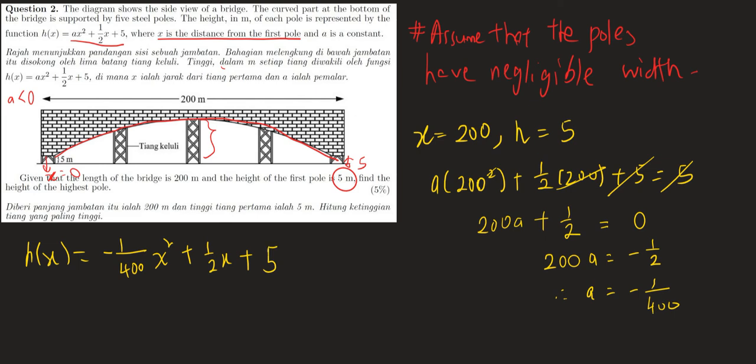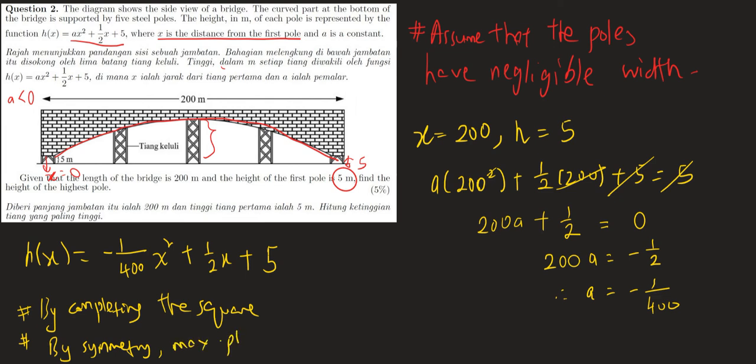To find out the height of the pole, we have two approaches. You can either complete the square to find out the maximum point. This is one approach. The second approach is by symmetry. We know that the maximum point must be at the center.